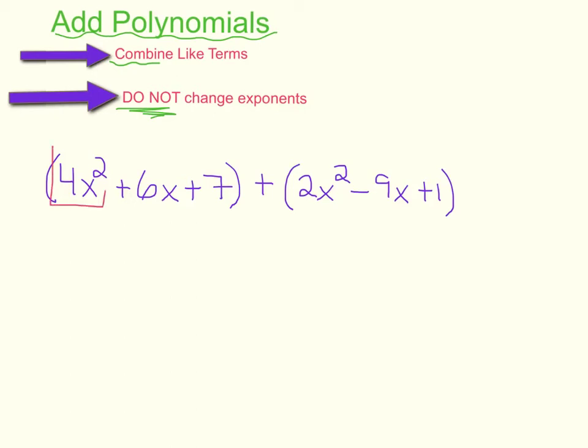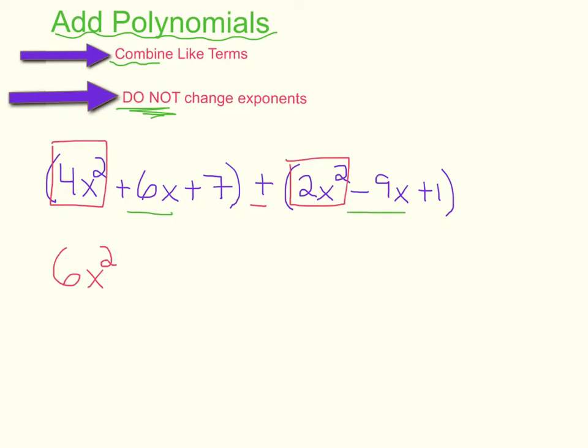So 4x squared, we're going to add with 2x squared. Add the coefficients to see how many x squareds you have. So add the coefficients. 4 plus 2 is 6. Exponents don't change. We're just counting how many x squareds do you have. 6x squared. And now 6x, its like term is negative 9x.